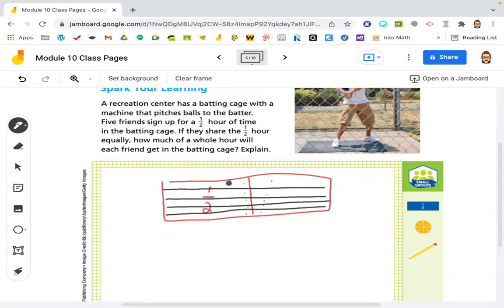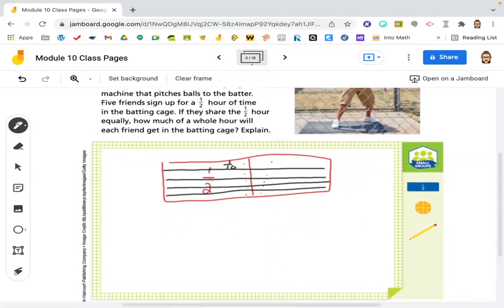So each section would be 1/10. So they would get 1/10.